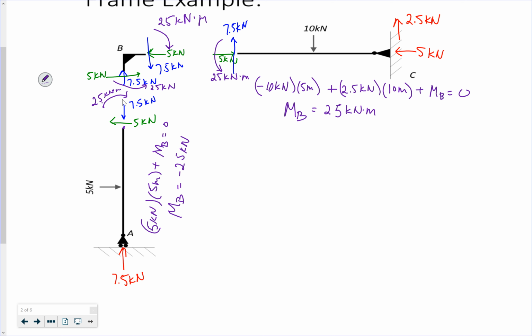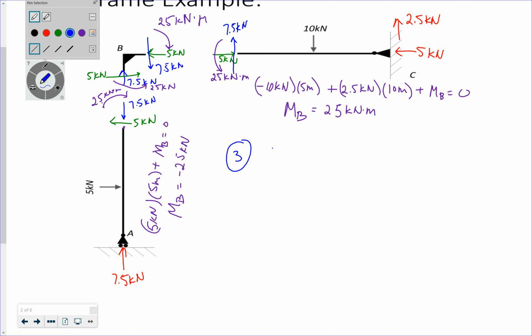And I've got a counterclockwise moment in the beam, so I have a clockwise moment in the column. So that's just to show you step 3.